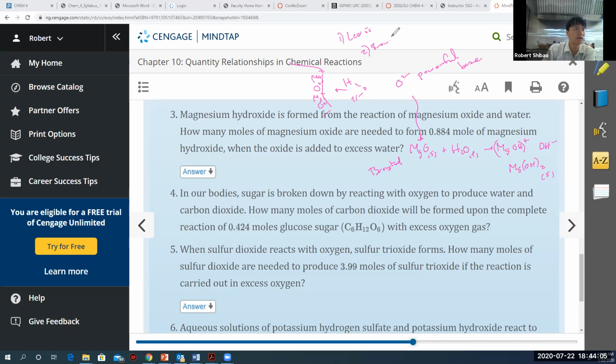And the other way of thinking about this is as a metathesis. Now, metathesis involves ions, and water is not an ionic compound. Water is what we call a molecular compound. But one thing I did when I was a Chem 1A student was, I was taught this: think of water as a hydrogen ion with a hydroxide ion.